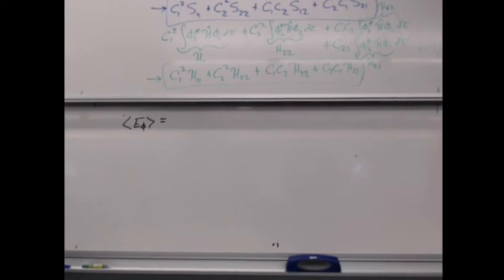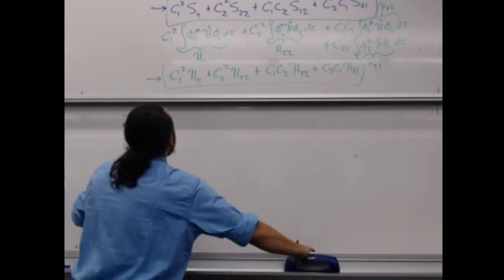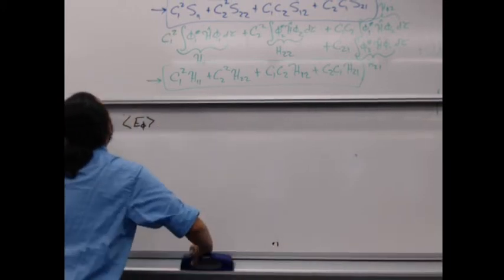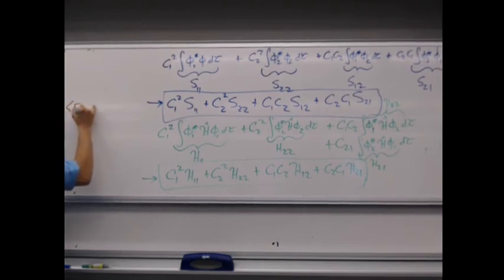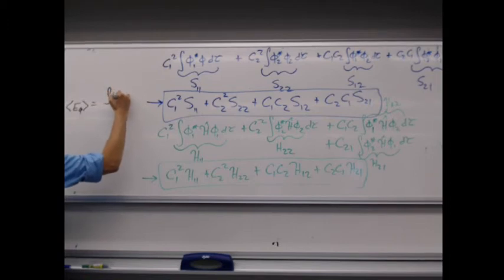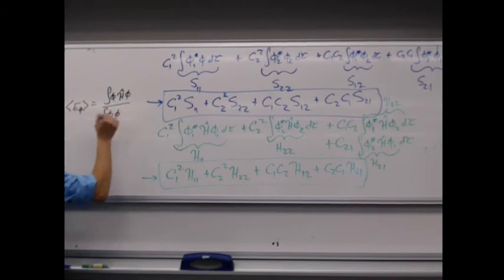I find the chain rule easier than the quotient rule. That's just me. If you remember, we've got this situation where E phi is equal to the integral phi h phi divided by the integral phi phi.